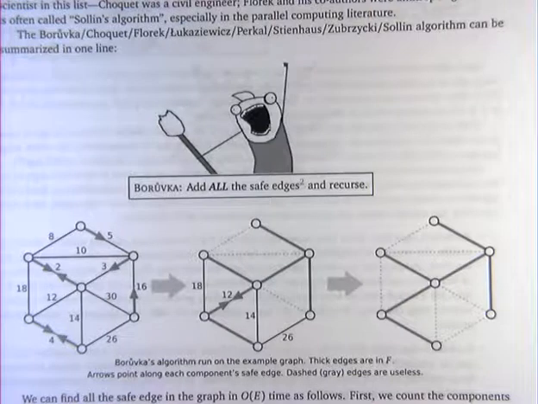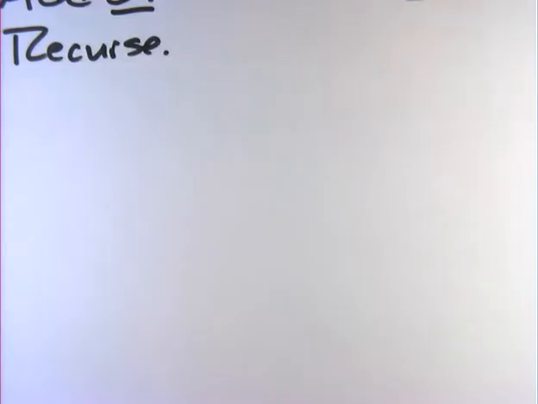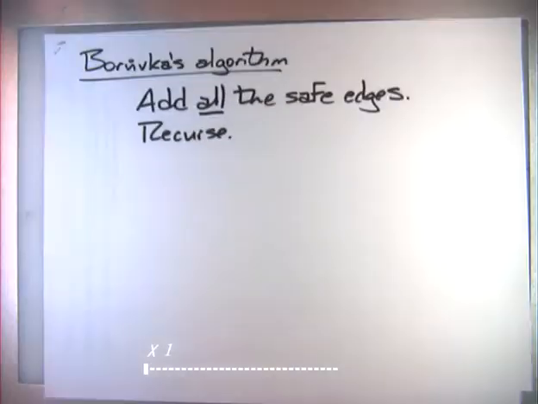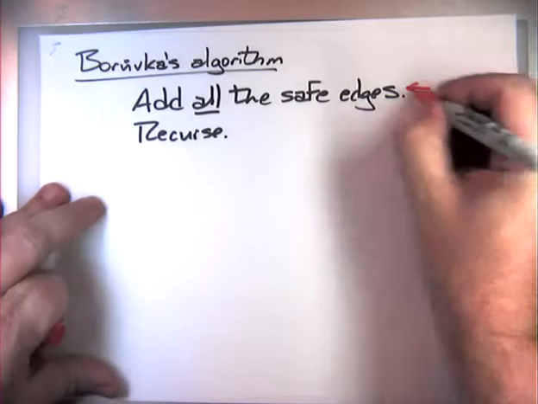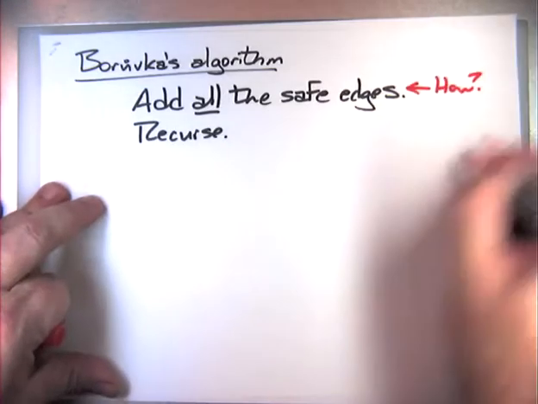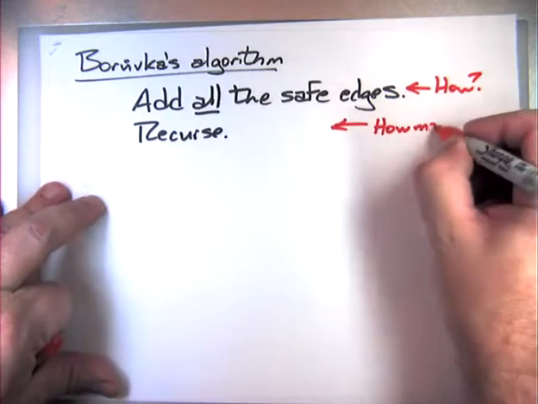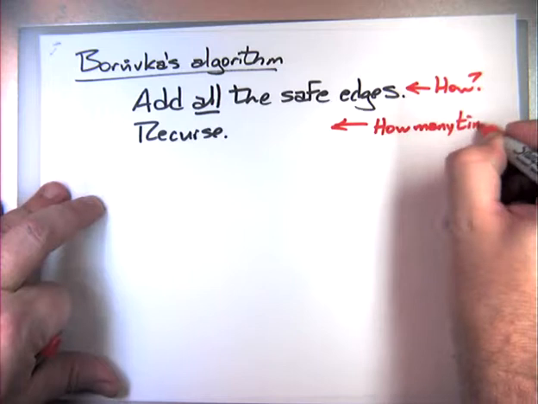Okay, so let me attack these one at a time. Right? So the question is, how do I do this? And the next question is, how many times do I need to do that?